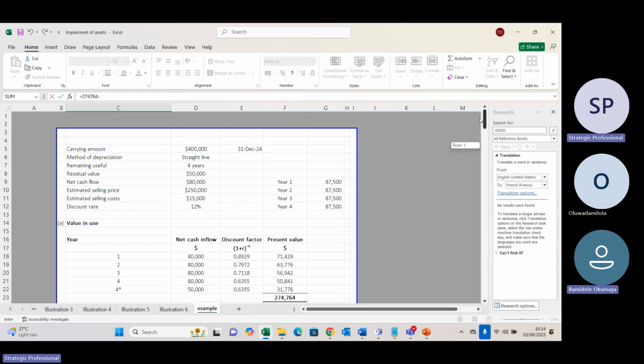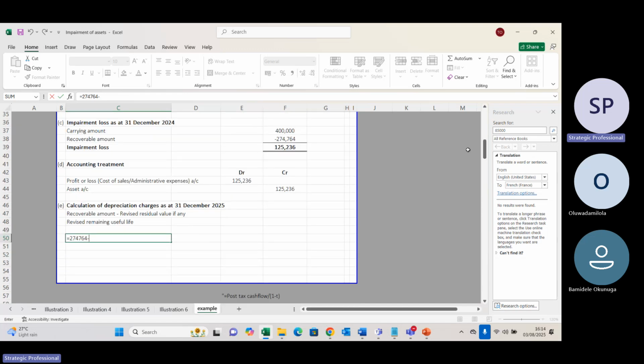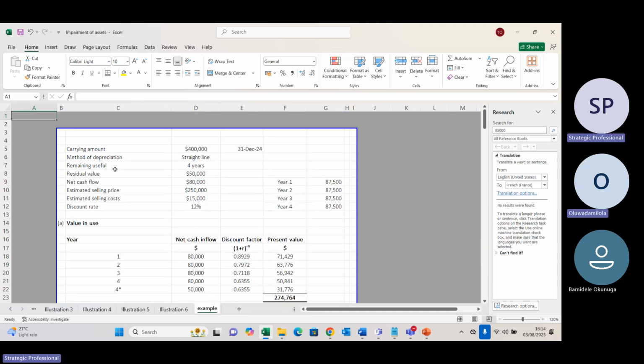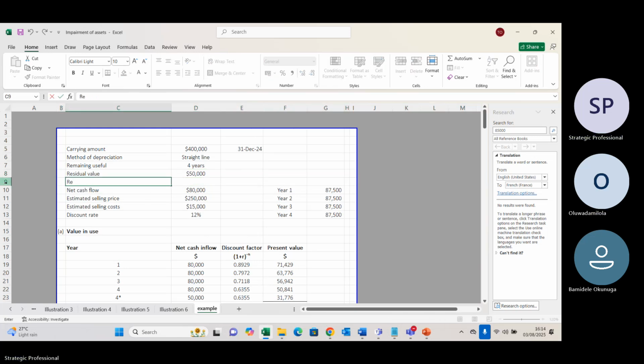residual value. In this question, they didn't revise it, but we have a residual value. If the examiner did not give you a revised residual value, the residual value you have in the question is what you use. If you look at this question up here, there's a residual value of 50,000. In some questions, you have a revised residual value.